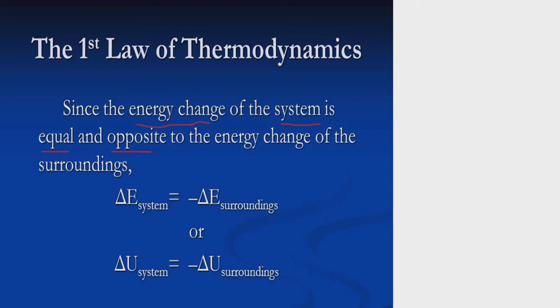And if the system accepts energy, the surroundings will lose energy with equal value. So losing energy and accepting energy between the system and the surroundings is a reversible and equal process. Or we can say they are two opposite processes.